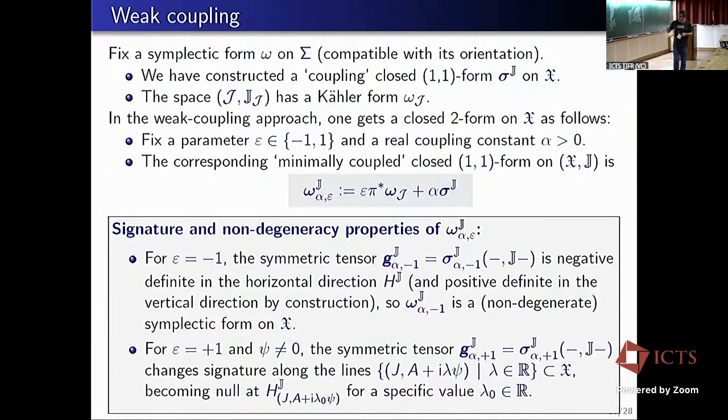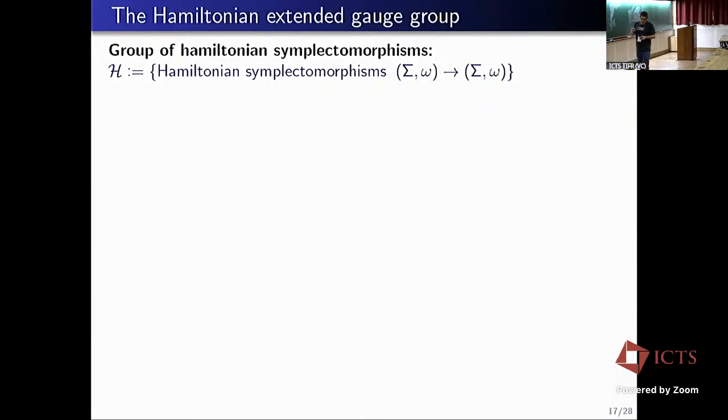But it's positive in the vertical direction and negative in the horizontal direction. That will create problems. And in the +1 case, this changes, and it may be degenerate. As I said, this creates problems. But anyway, we keep working and see what we can construct.